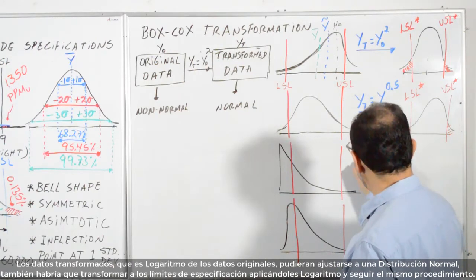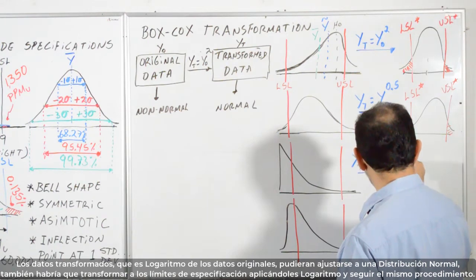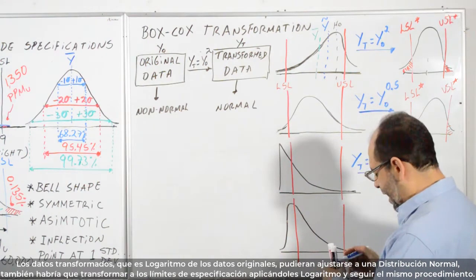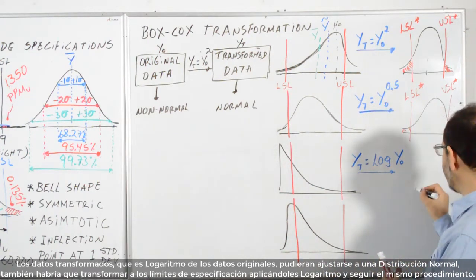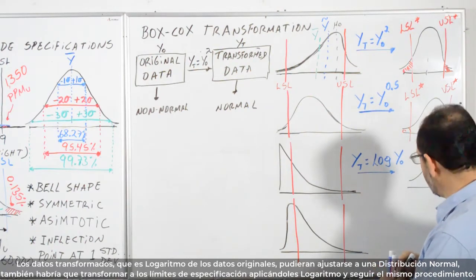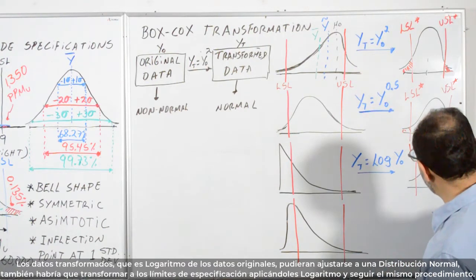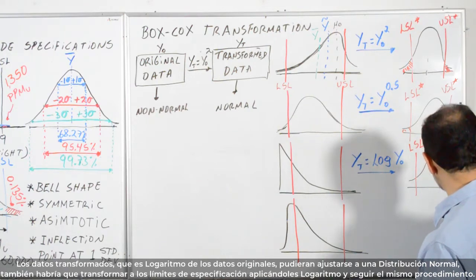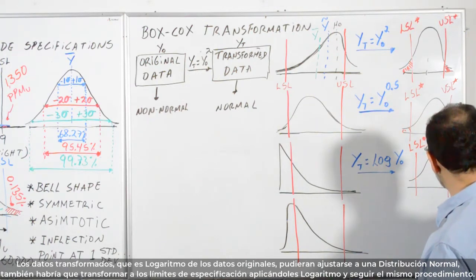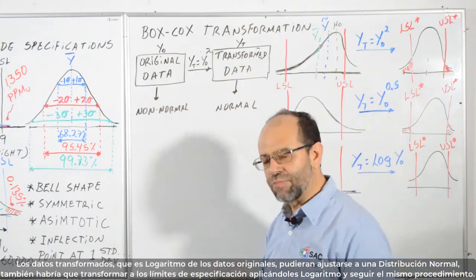You will have the transformed data, which is the log of the original data, and the log of the original data can become a normal distribution. Also the specification limits are transformed: the lower specification limit transform and the upper specification limit transform, with that same procedure.